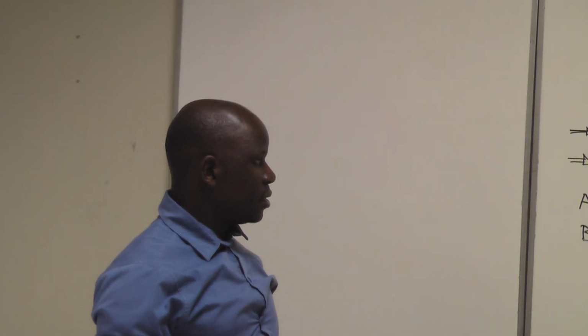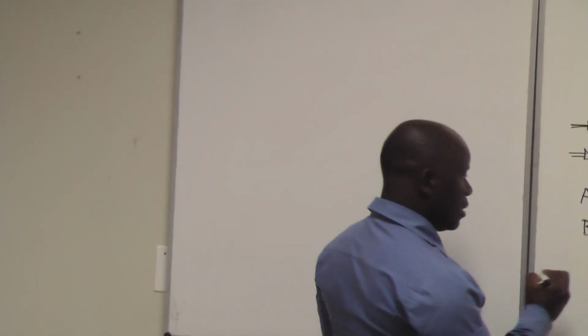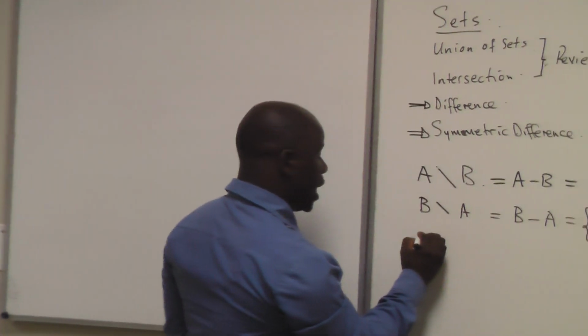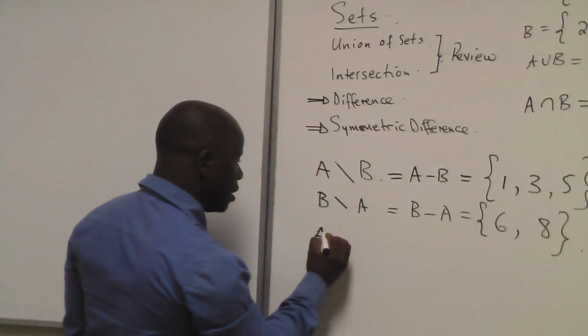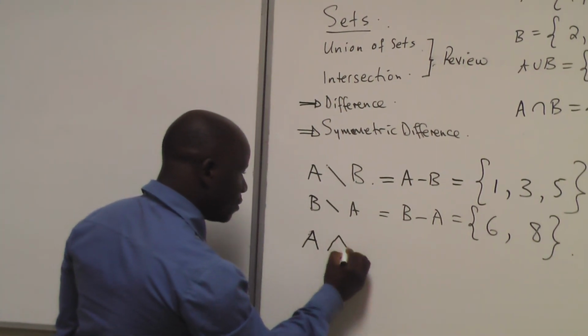Symmetric difference. How do we write the symmetric difference? Symmetric difference between A and B is A, we put a small triangle.